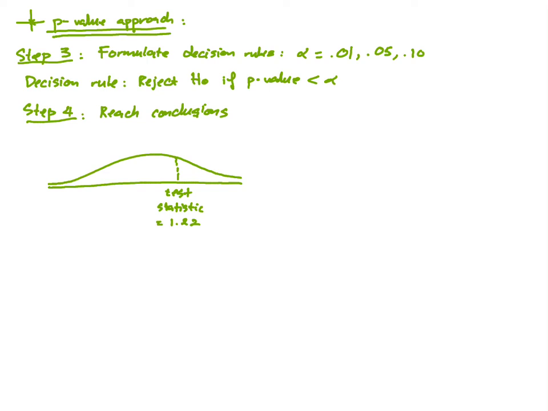If you look at the video where I talked about formulating the decision rule using the p-value approach, we know that this is an upper tail test, and so the p-value is the area under the curve to the right of the test statistic. The shaded area here is your p-value.